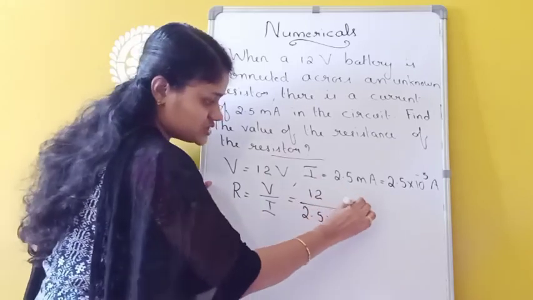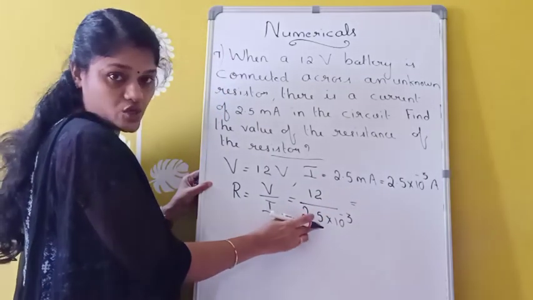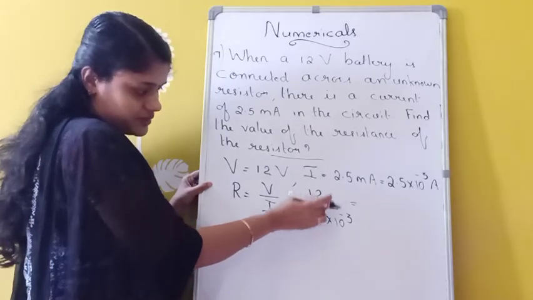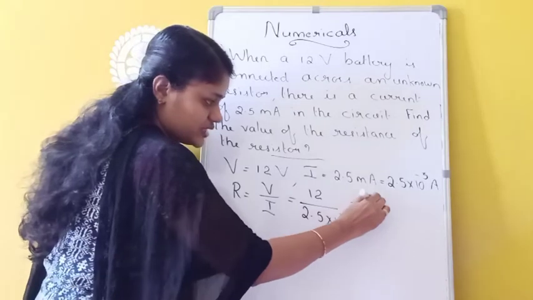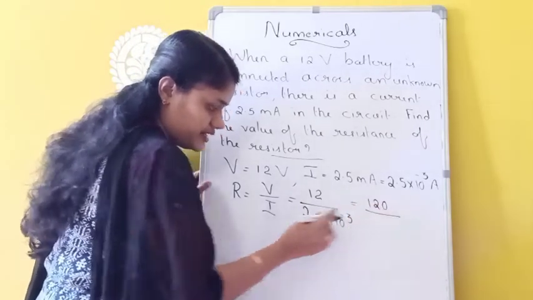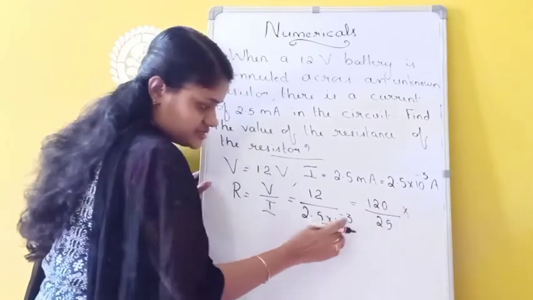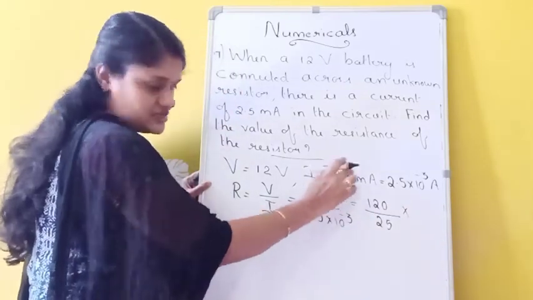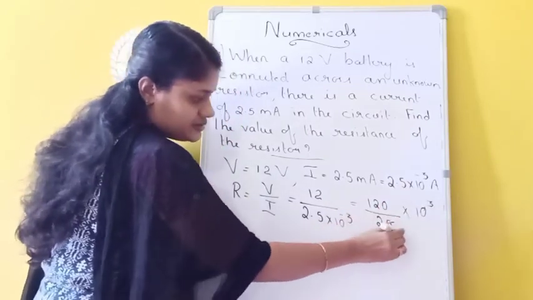So first of all we have to remove the decimal. Here in the denominator we have one digit after the decimal, which means we can multiply by 10 in the numerator. When you multiply by 10, you get 120 divided by 25 into 10 raised to minus 3. I am taking the 10 raised to minus 3 to the numerator, so it becomes 10 raised to plus 3. Now we can cancel with 5.